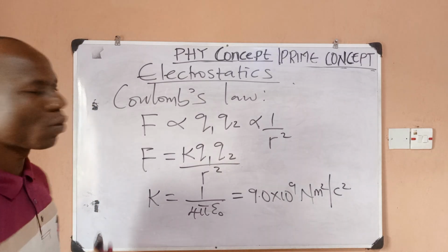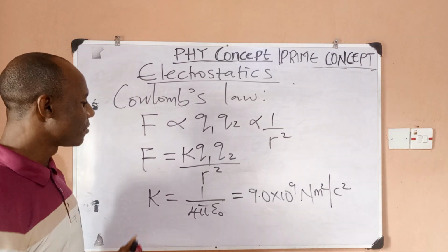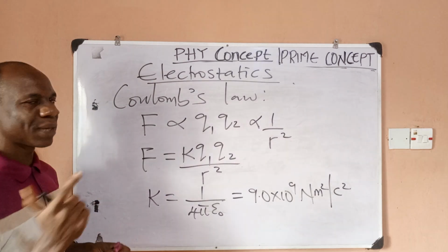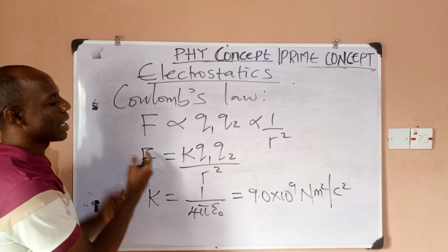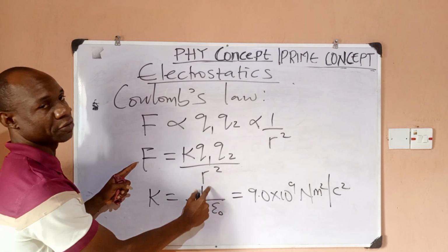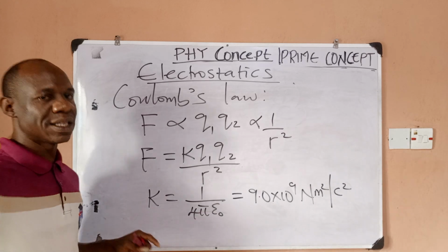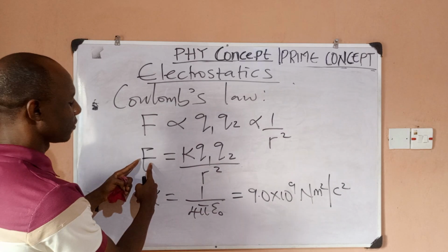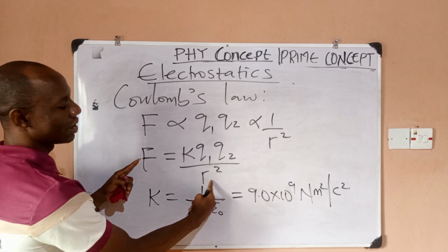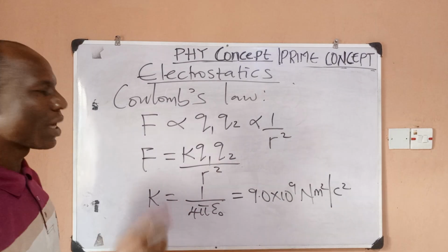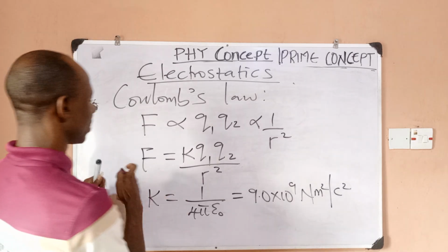What do we mean by inverse square law? Any quantity that is inversely related to the square of distance is said to follow the inverse square law. So the electric force, being inversely related to the square of distance, follows the inverse square law. Don't forget, it's very important, right?